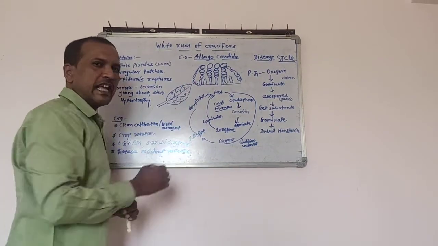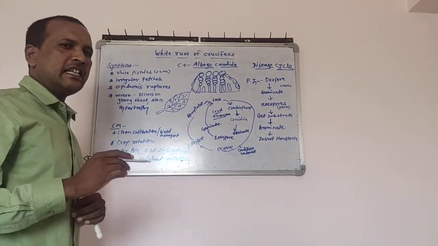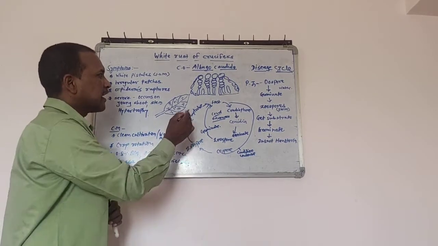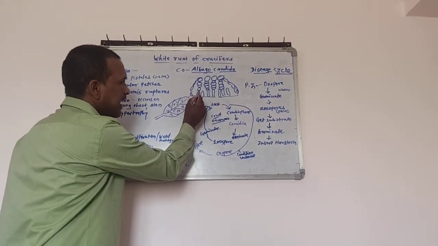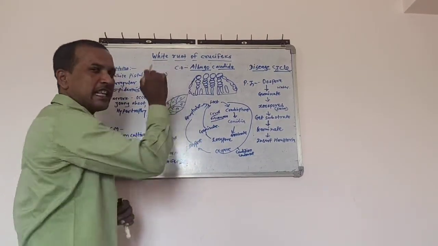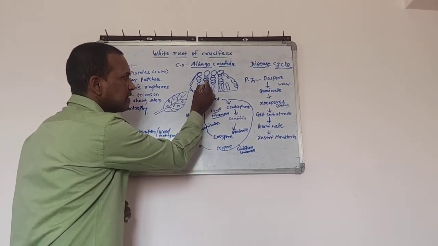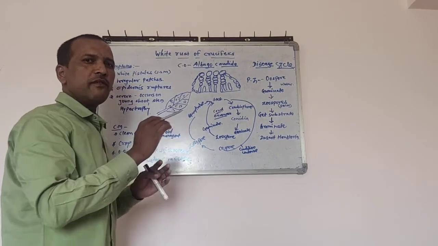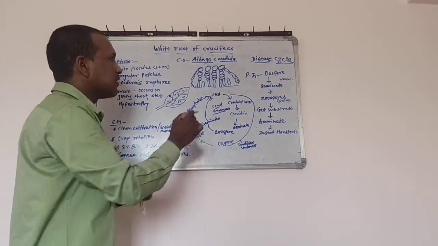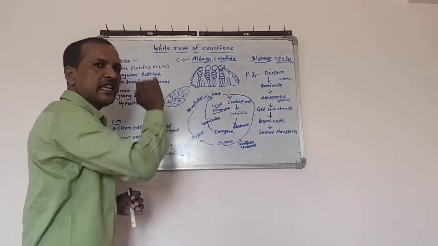The chain of conidia is always basipetal in succession, meaning the younger at the base and older at the apex. The younger are smaller in size, the older are larger, but the older are at the apex.